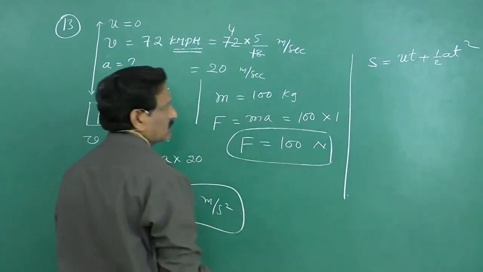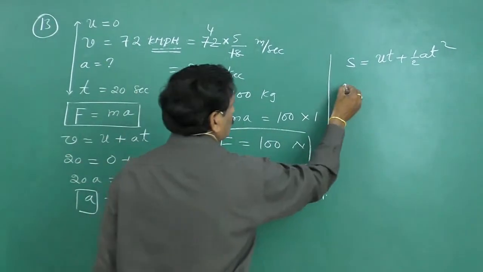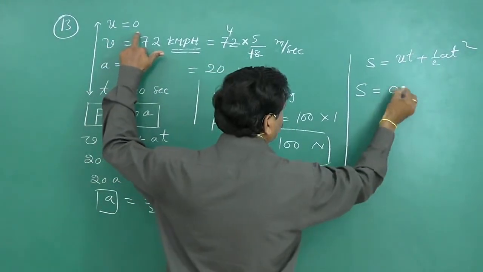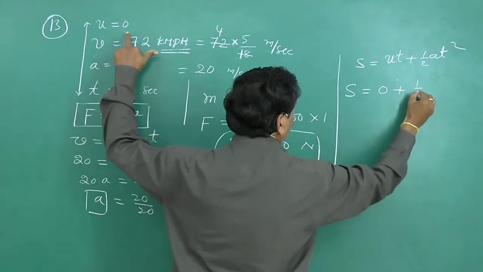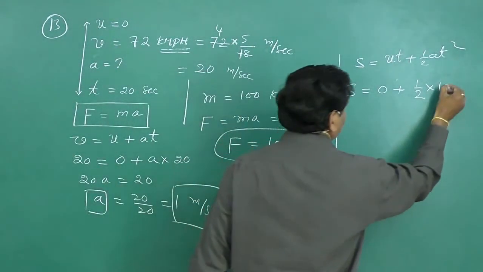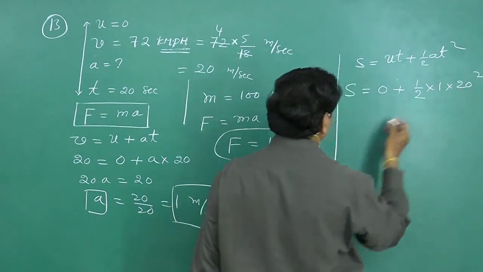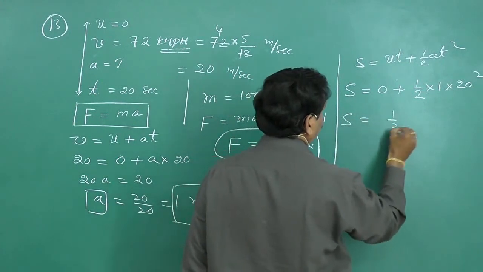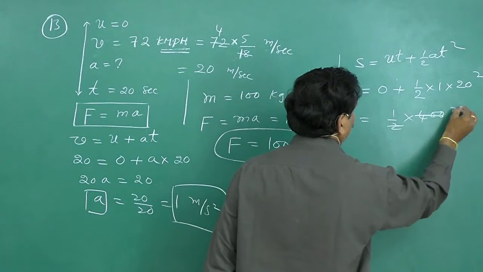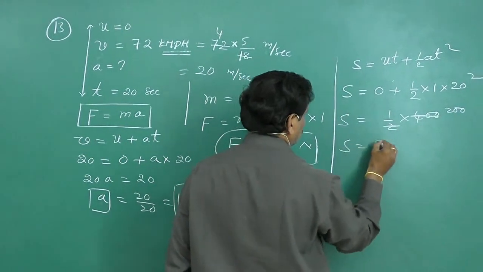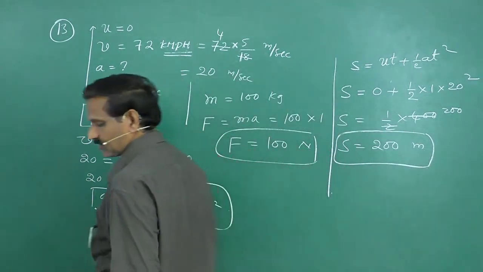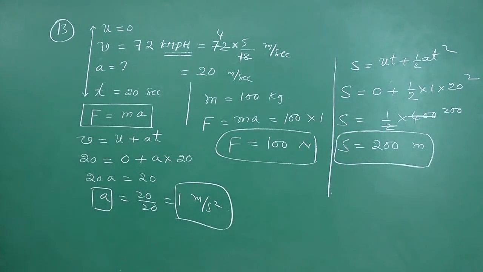So, S is equal to u, the initial velocity, which is 0 here, plus half, acceleration is 1, then time is 20 square. So, S is equal to half into 20 square, which is 400, then this is 200. So, S is equal to 200 meter. The distance covered by the car is 200 meter.